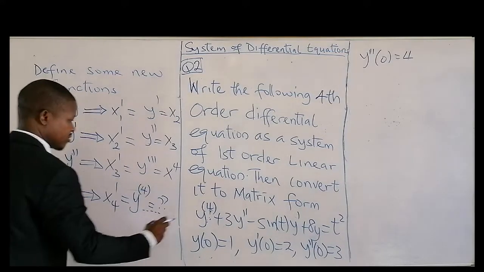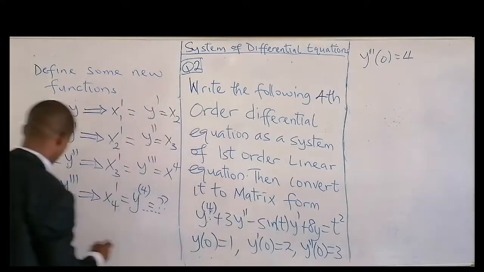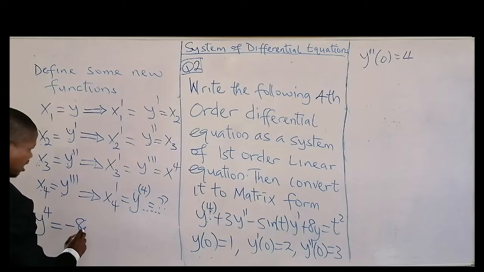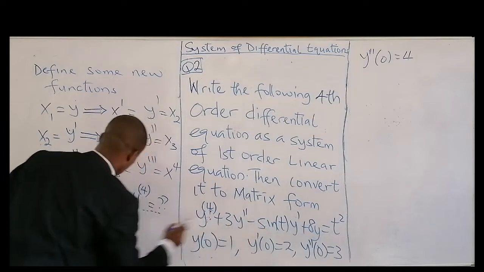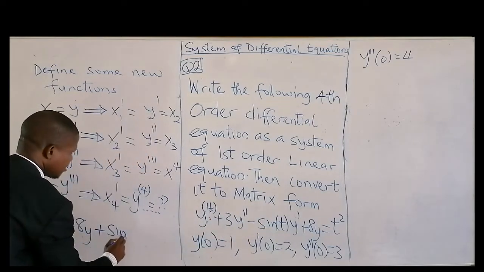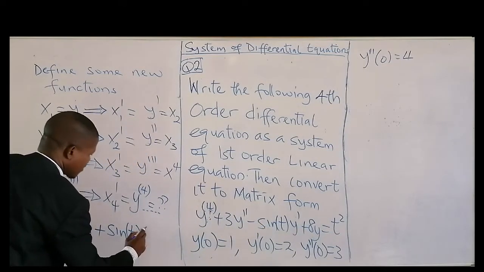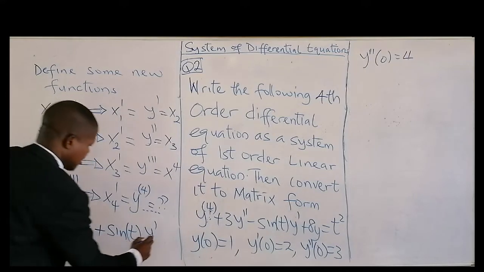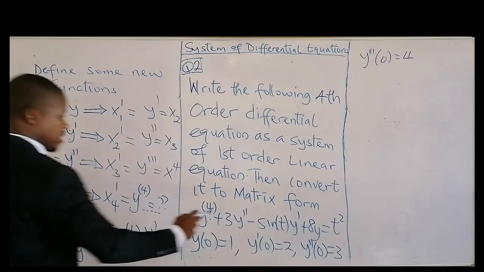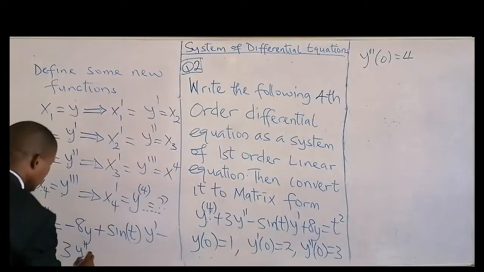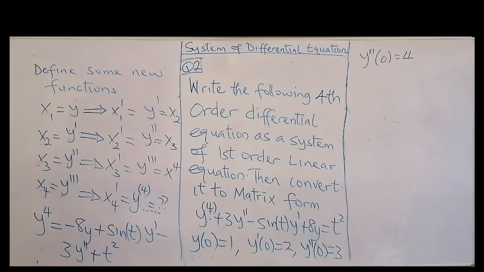Moving this onto the other side, that will be minus 8y, minus the fourth differential, plus sine t, first differential, then minus 3 second differential of y, and again we have this one here, so plus t squared.